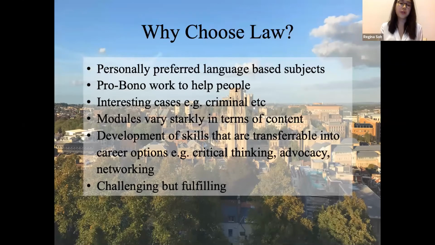The skills include critical thinking, advocacy, and I think most importantly networking, because you do have to talk to your clients later on when you become a lawyer if you choose to. And last but not least, I find law work challenging, so it's very fast-paced, but it's also quite fulfilling. So yeah.